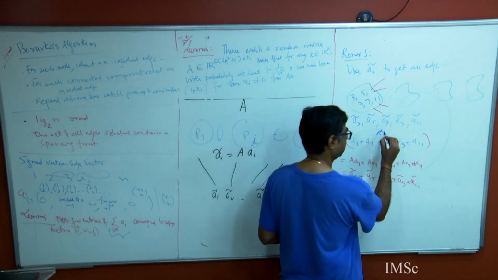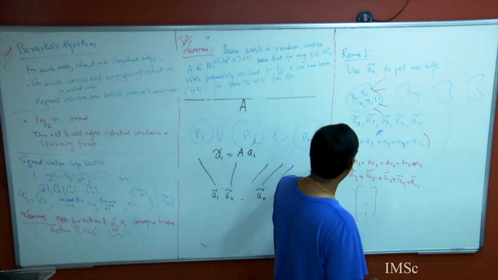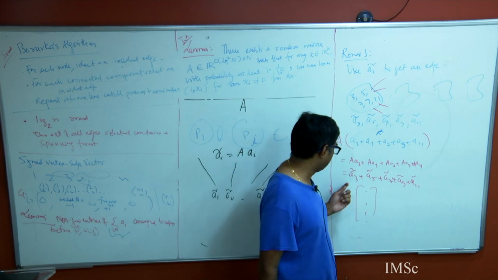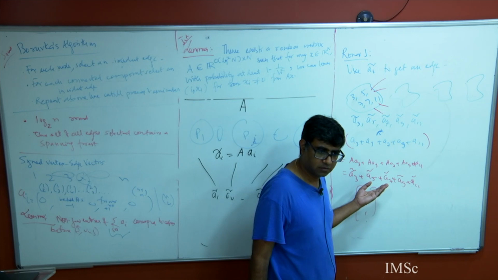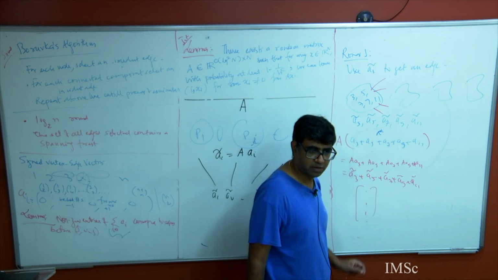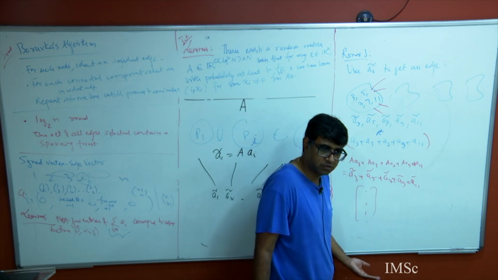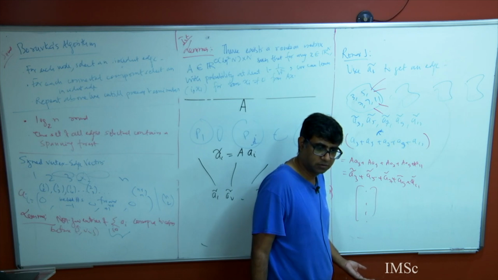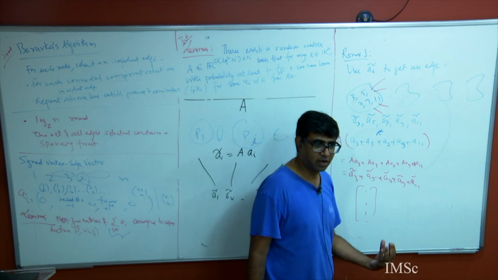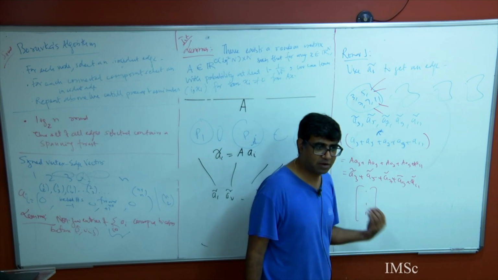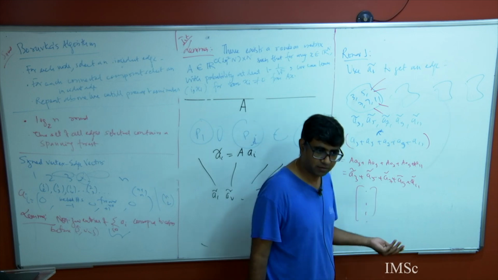If I applied A to A star, I will get some of these things only, because of linearity. So why should this not give me information? If it doesn't give you information, there should be a reason behind it. Where are we making a mistake?